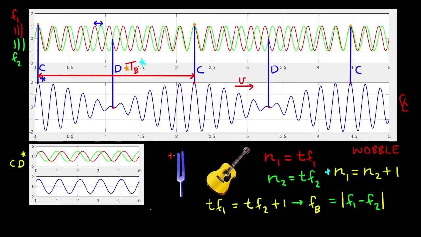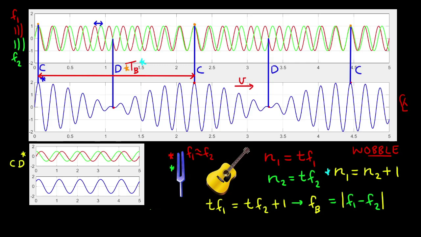Now tuning forks are devices that are commonly used to demonstrate beat frequencies. So for example, if you had two forks that are set to slightly different frequencies, and you tap them both at the same time, you'll hear a wobble. And an application of a tuning fork is to tune musical instruments.